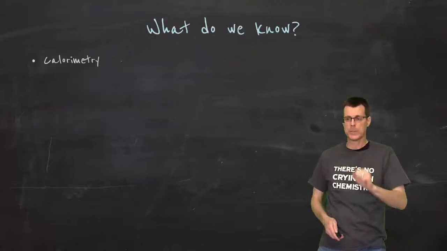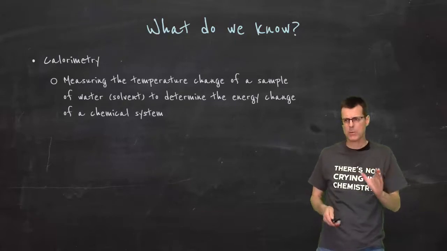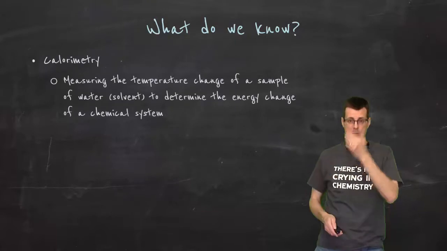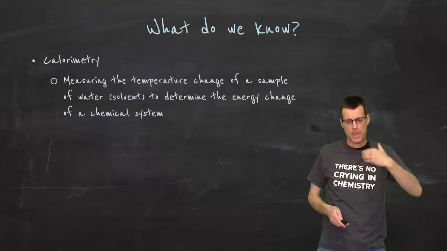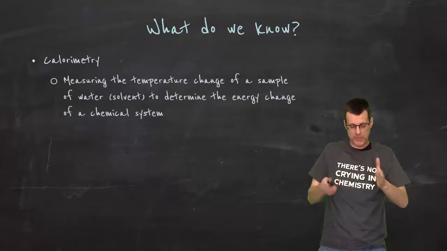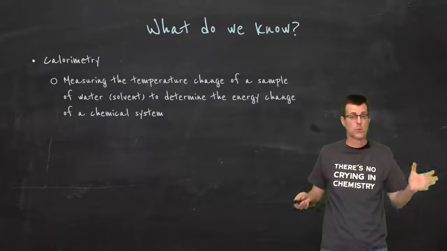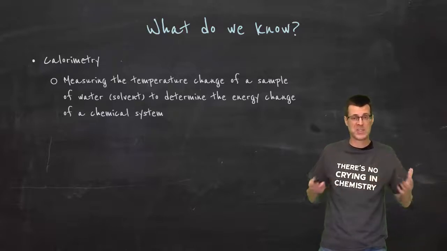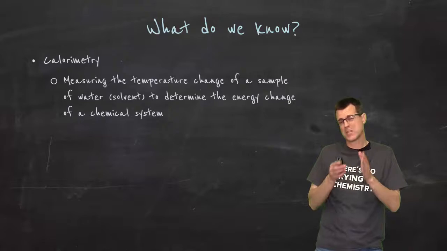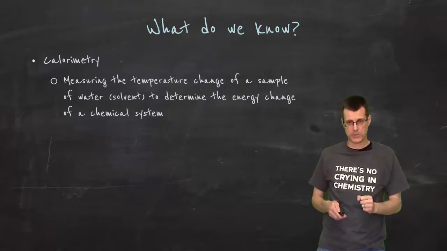Okay, moving on. In calorimetry, this is what we're trying to do. We're going to take a temperature change of a known surroundings. So we'll have usually water. It'll be a solvent, it's a good heat sink. We'll have water, we'll know exactly how much mass of water we are using.